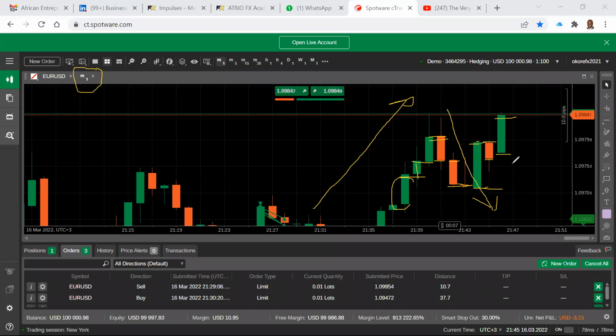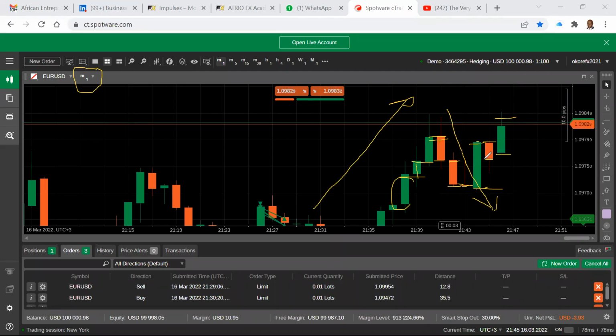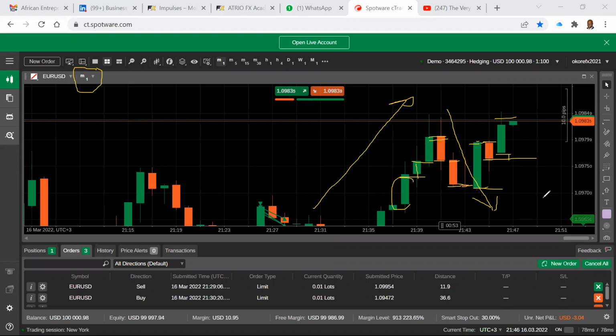When there's a lot of volatility in the market, even though it closed here, it jumps and opens up. That means there's a lot of people buying and selling. We say there's increased volatility.